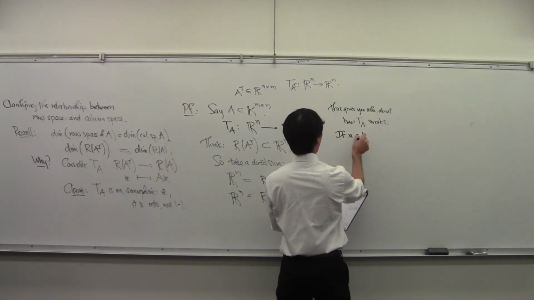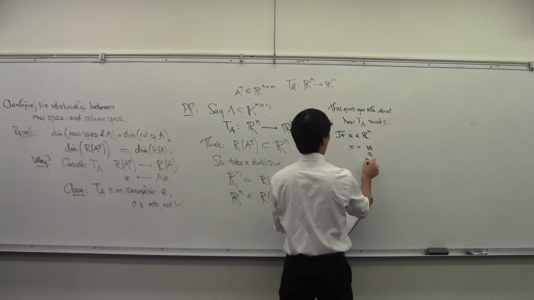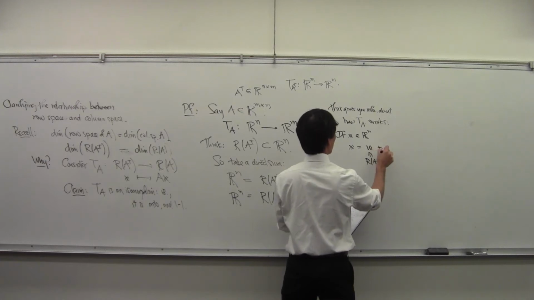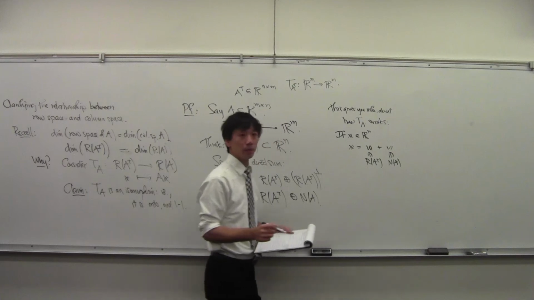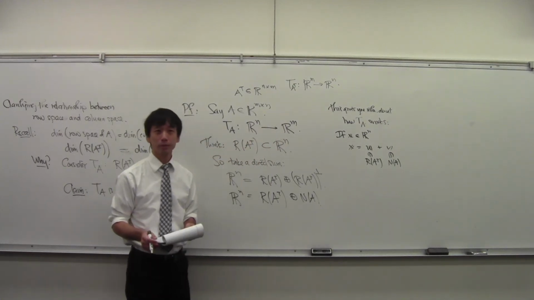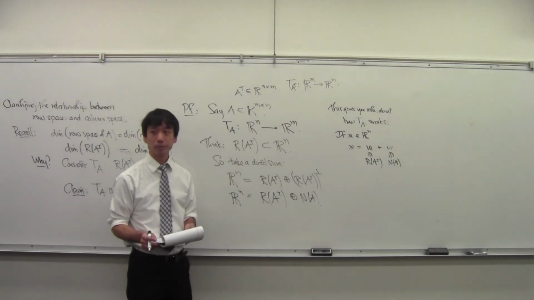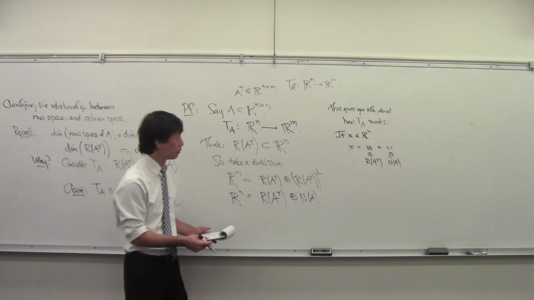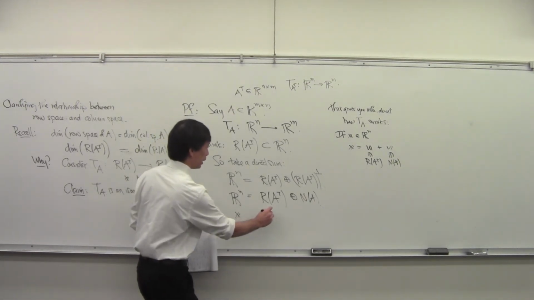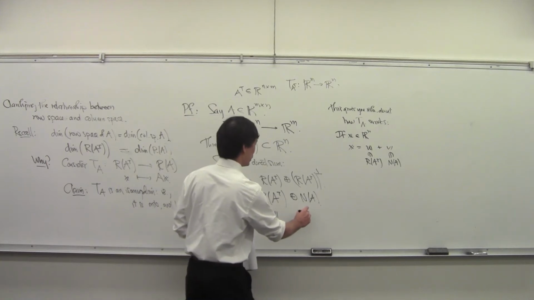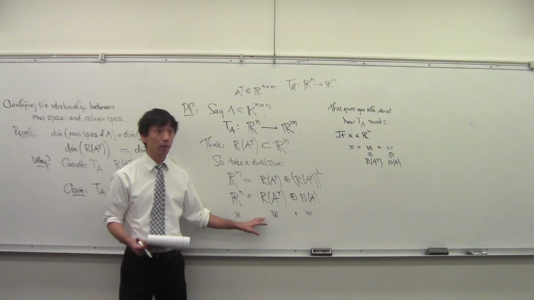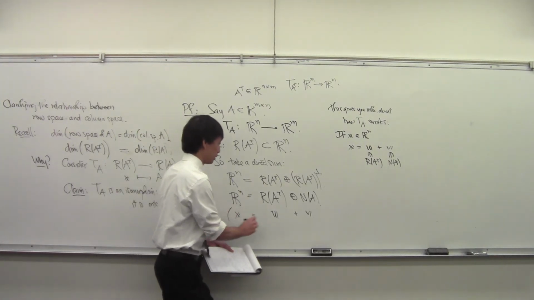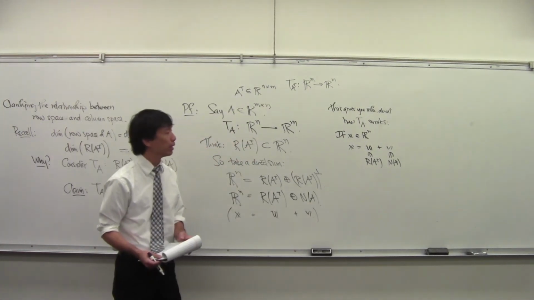If X is in Rn, then X equals something in RA transpose plus something in the null space of A. Right? If you're in Rn, then you're something in RA transpose plus something in the null space of A.